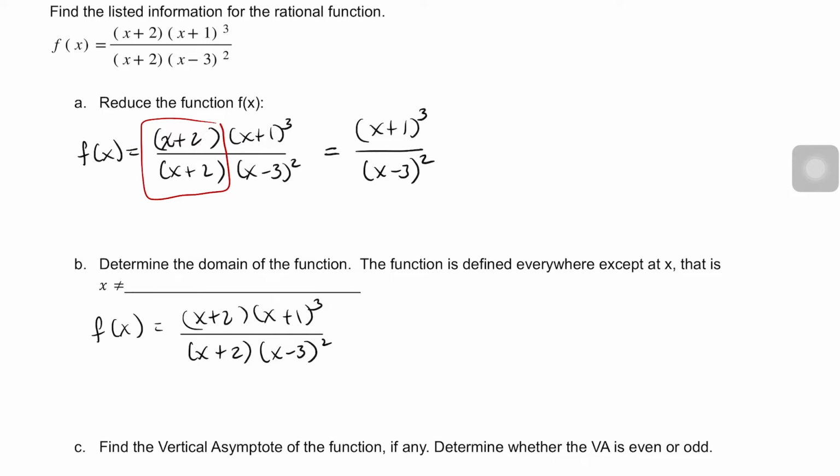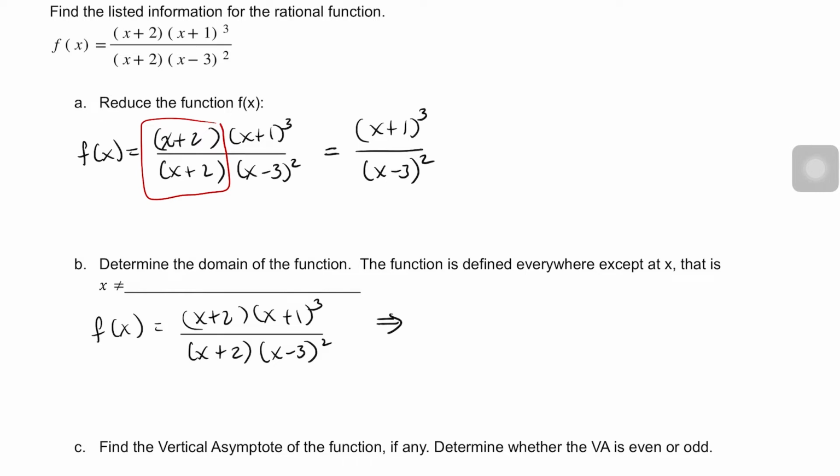The original function cannot have this equal 0 and cannot have this equal 0, because if it does, it will make the whole function undefined.